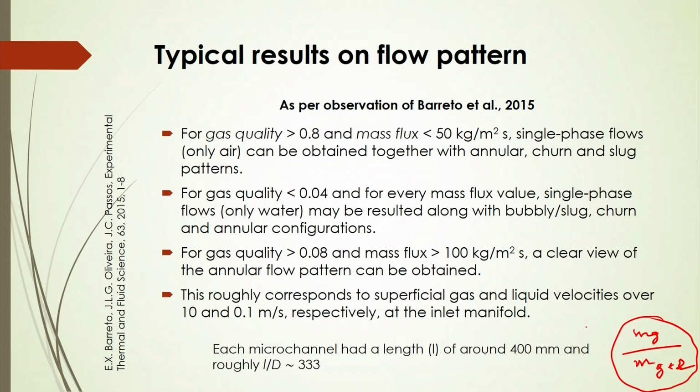So, if this gas quality, denoted by X, is greater than 0.8 and the mass flux, that means velocity times density, is 50 kg per meter square second, then you may expect only single phase flow, that is only air, along with annular, churn and slug patterns.